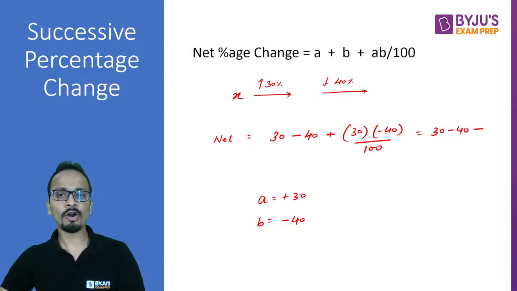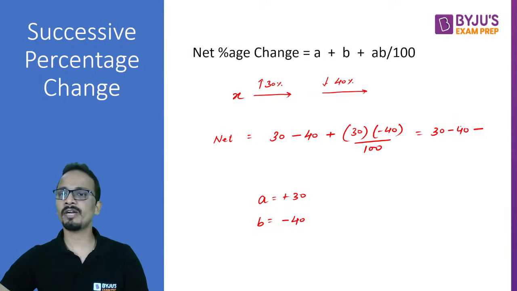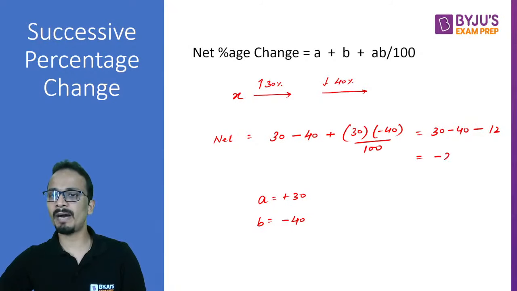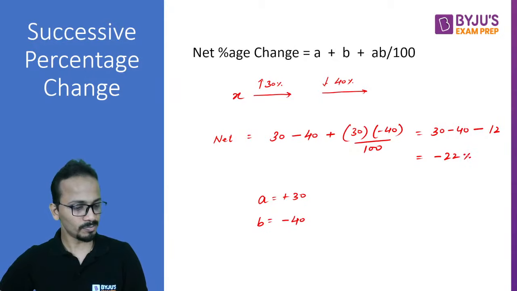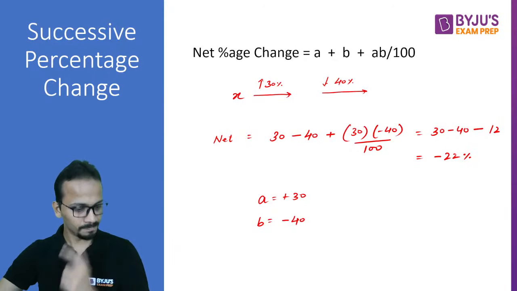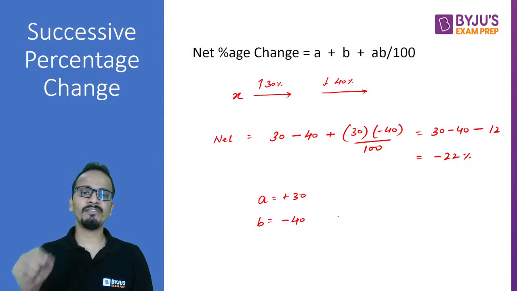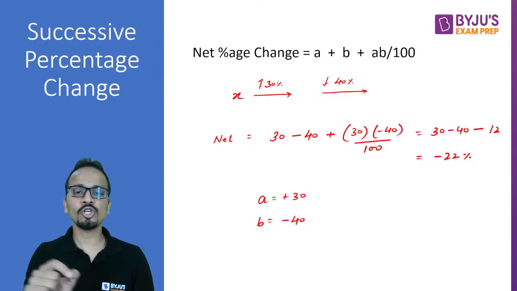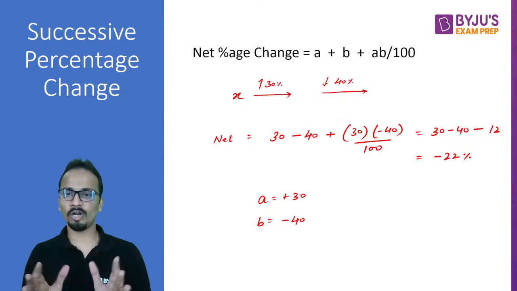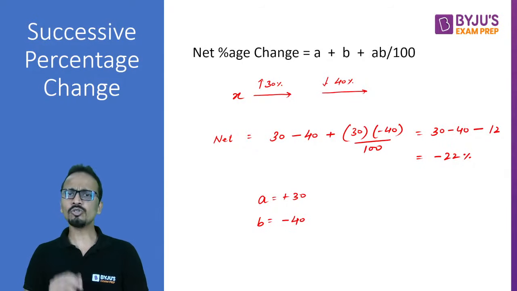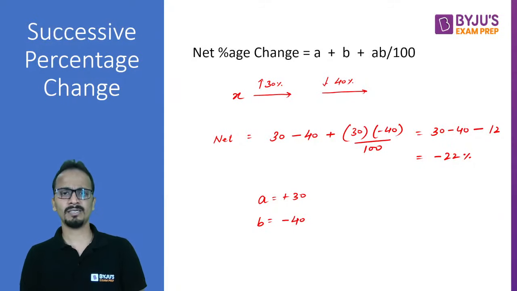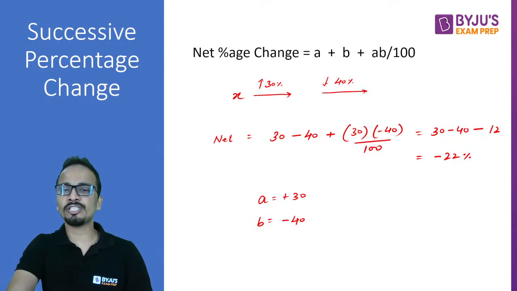Now 30 into 40 is 1200. 1200 upon 100 is 12. So the final answer will be minus 22 percentage. Wonderful. So it will be minus 22%, or I can say that there will be a net decrease of 22%. Fine. So this is how we apply this formula. Now later in today's lecture, we'll be looking at the applications of all these things.